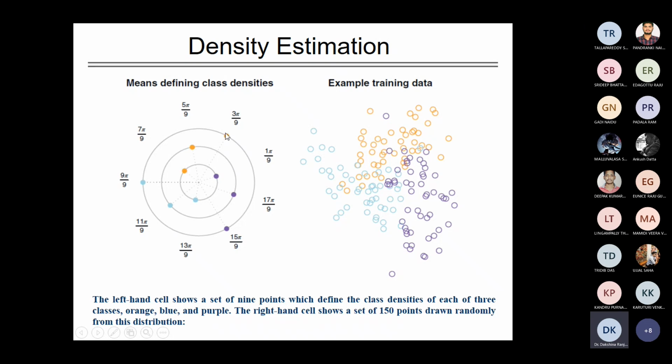Since there are 3 points in each class, there will be three peaks in density estimation. Around these points we get the concentration of the points, and these 9 points represent the class densities of each of the three classes.